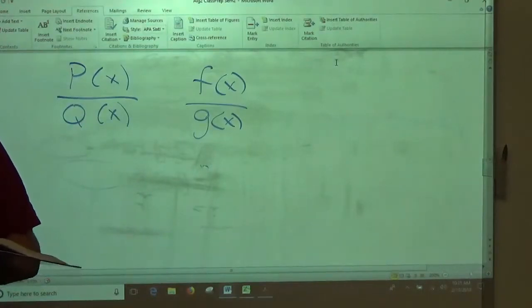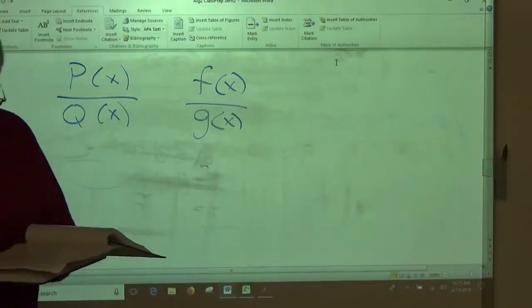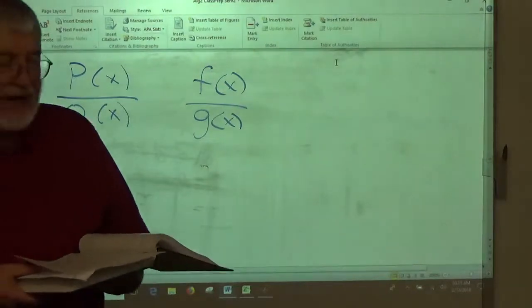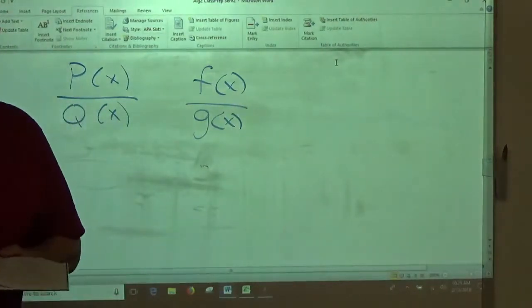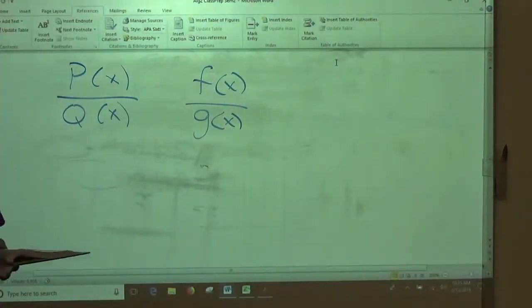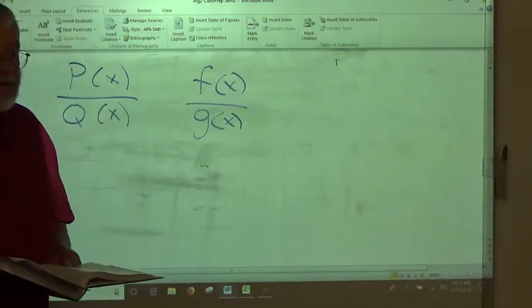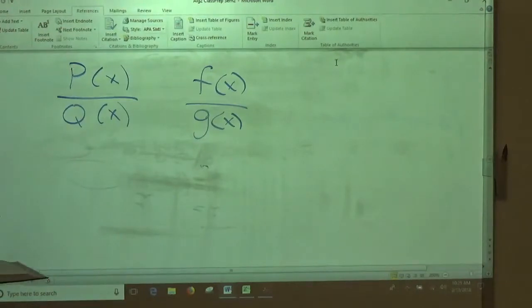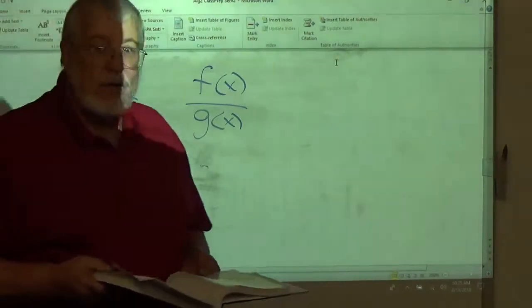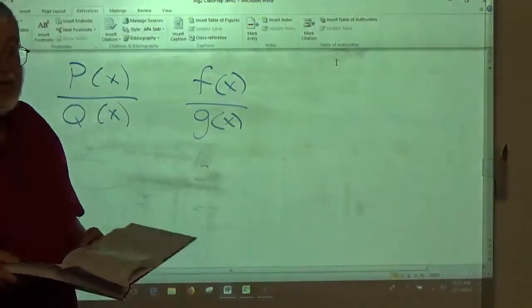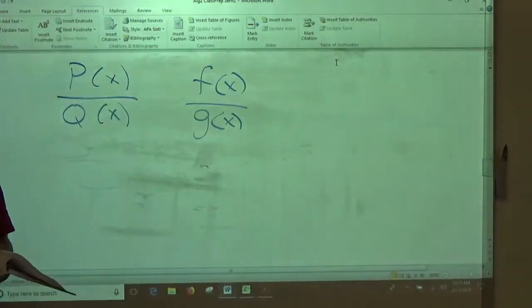No problem? Now, when you get to 44, you're factoring. First one's easy. Factors of 20 that add up to negative 9? Negative 4 times negative 5. So it's x minus 4 times x minus 5. Now, what we were doing starts on the next page, page number 46.